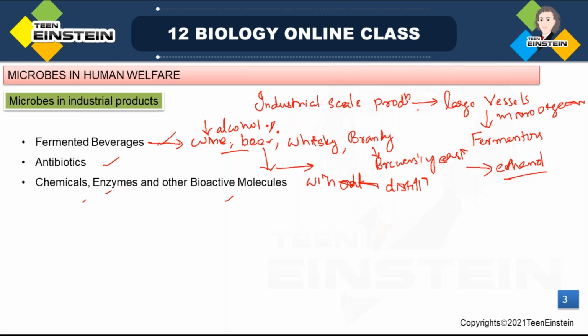But in distilled ones, the percentage and all we'll discuss in the next class. The percentage of alcohol content in each one, you need to learn for NEET exam purpose, that I'll discuss in the next class.